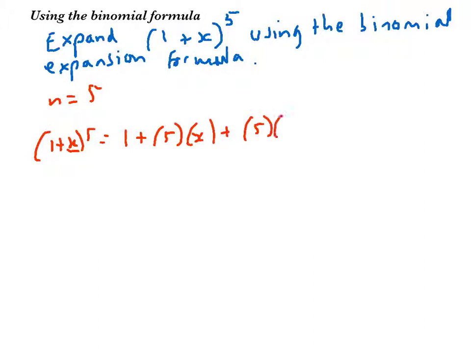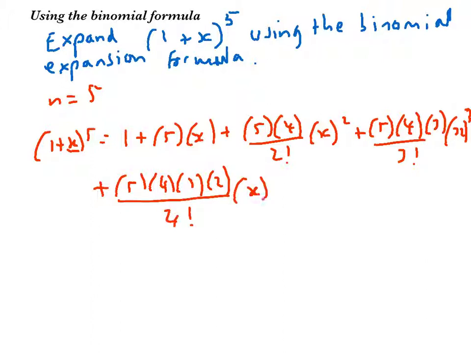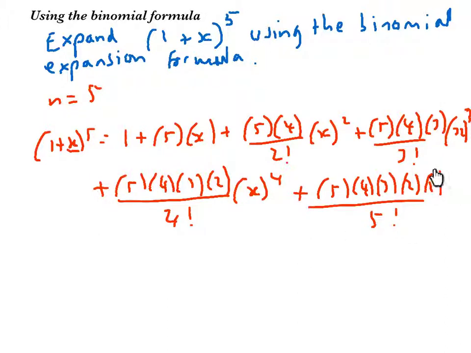Plus 5 times 4 over 2 factorial, this whole thing squared, plus 5, 4, 3 over 3 factorial, this whole thing cubed this time, plus 5, 4, 3, 2 over 4 factorial, x to the power of 4, plus 5, 4, 3, 2, 1 over 5 factorial, which of course straight away you should notice is going to cancel down to 1, isn't it? x to the power of 5. So let's simplify this up then.